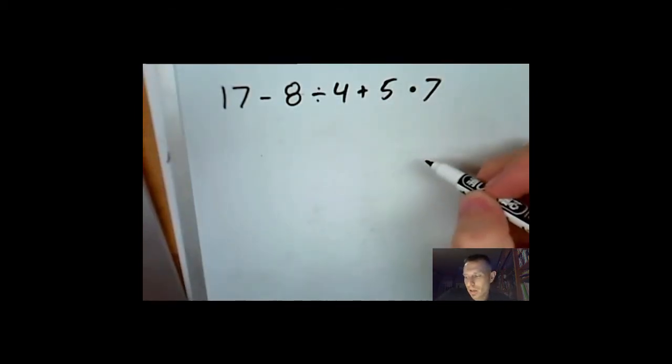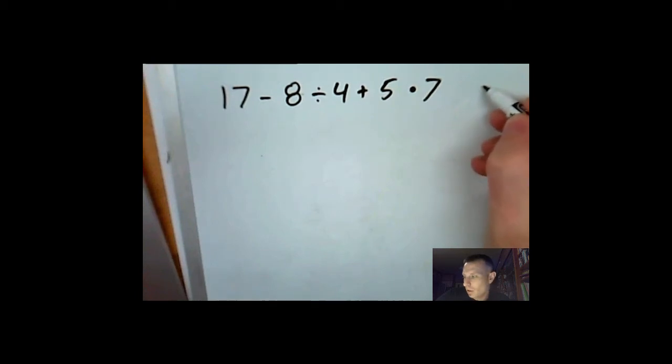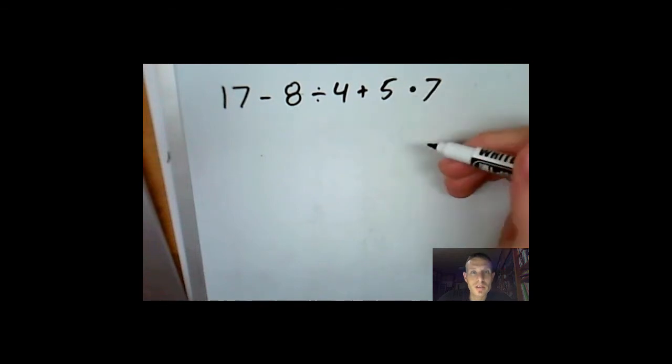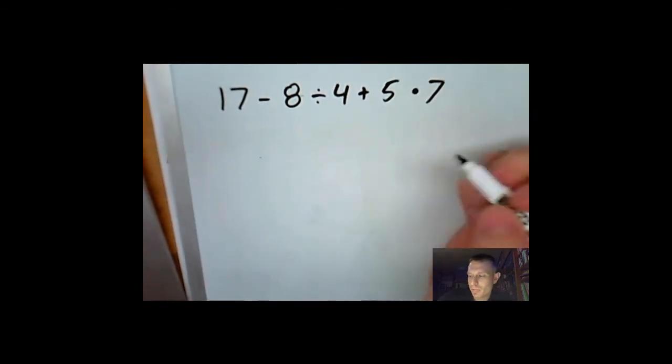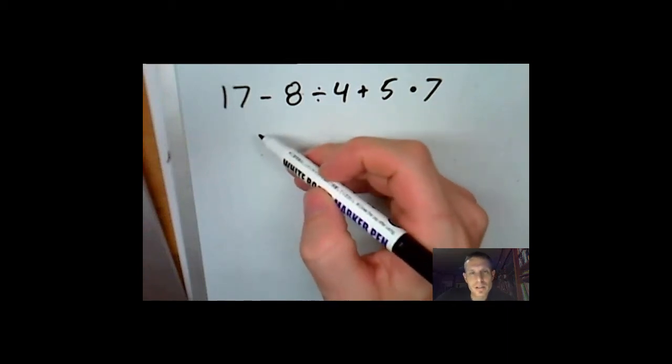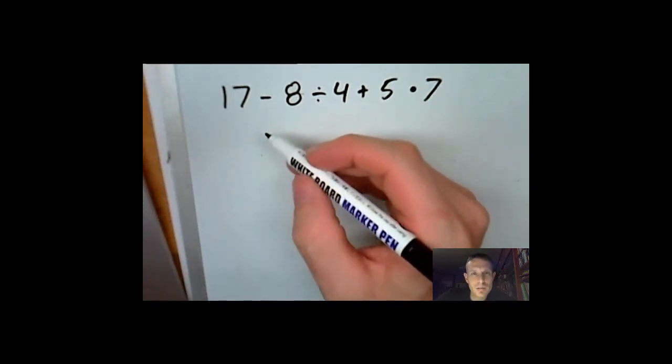It would be in the middle, as opposed to maybe a 5.7, which would be a decimal. But if the dot is in the middle, that's the same as multiplication. The reason we do that is because oftentimes in algebra we'll use x as a variable. But that's a side note. So anyway, again, we're not doing any parentheses or exponents right now.